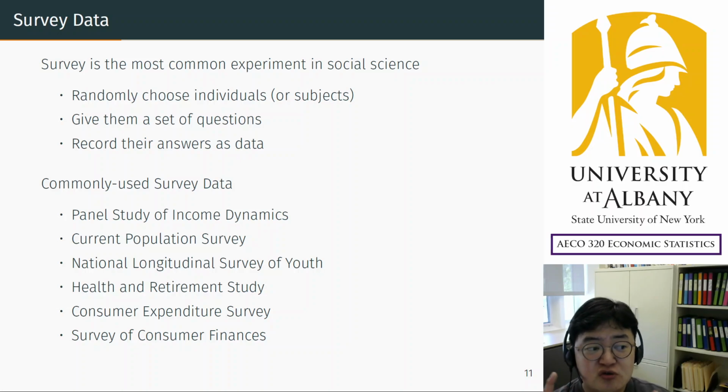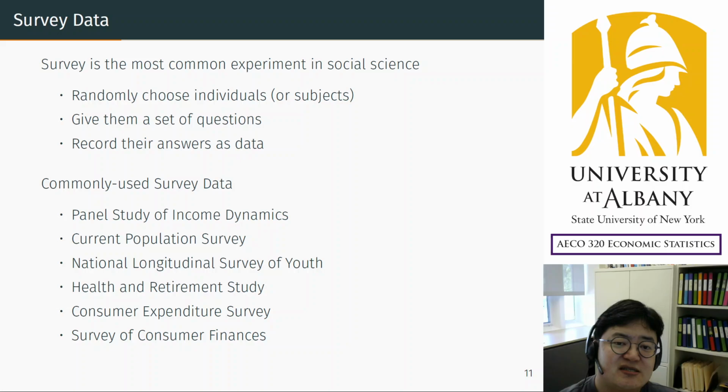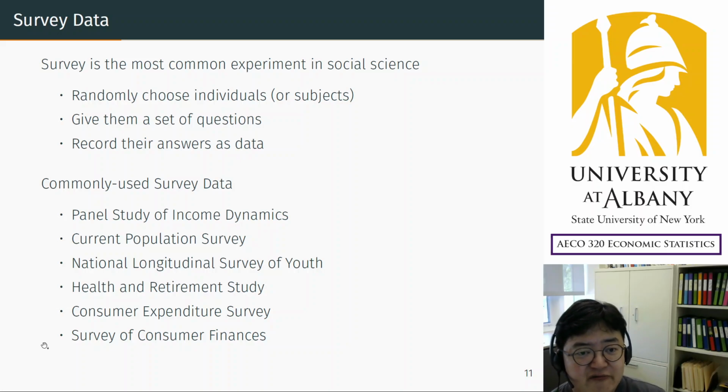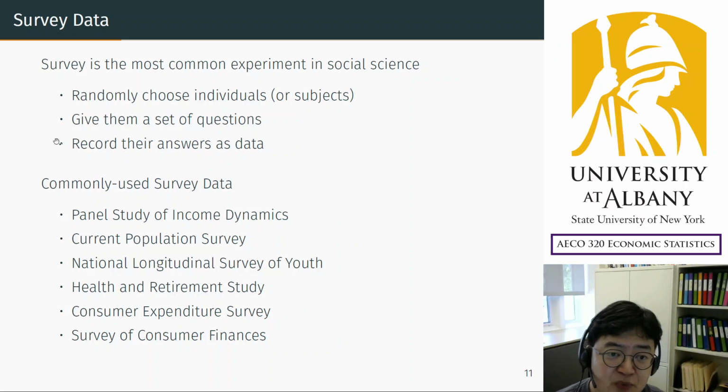You have to choose the survey respondents randomly. That requires advanced statistical techniques, and then from there it's survey, right? So give them a questionnaire and collect their answers. That's the observation. So in this process, this survey is an experiment, and the randomness is coming from randomly choosing a person. That's the main point.